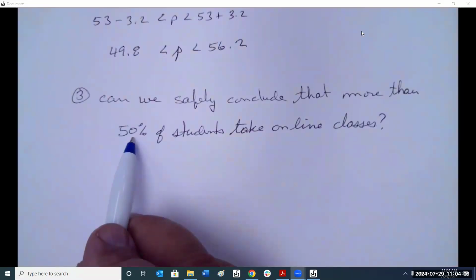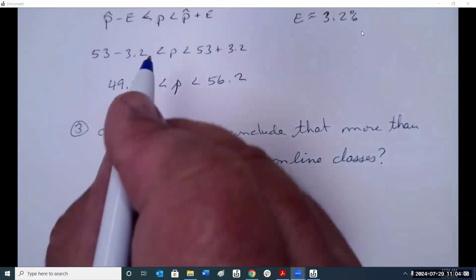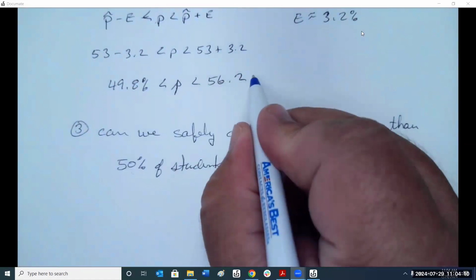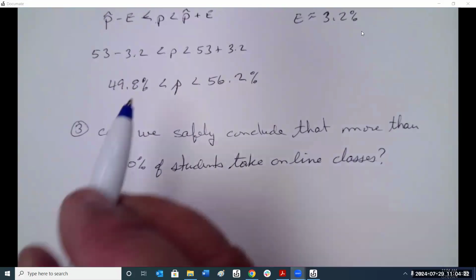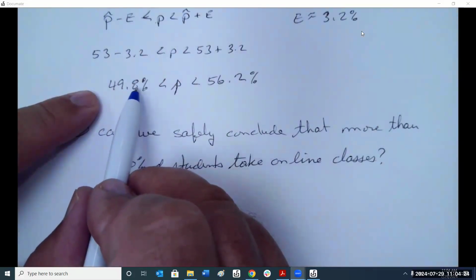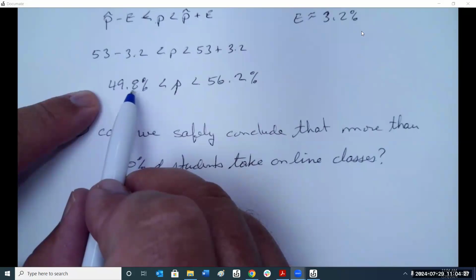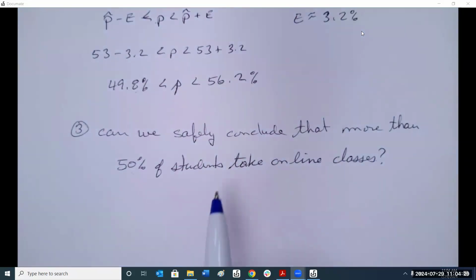So look at it. This one's saying 50%. This one's saying 49.8 and 56.2. So that's pretty close. That's too narrow. So we can't safely say it because this one's only 0.2 away. In other words, if 2 students stop taking classes, we're below there now.